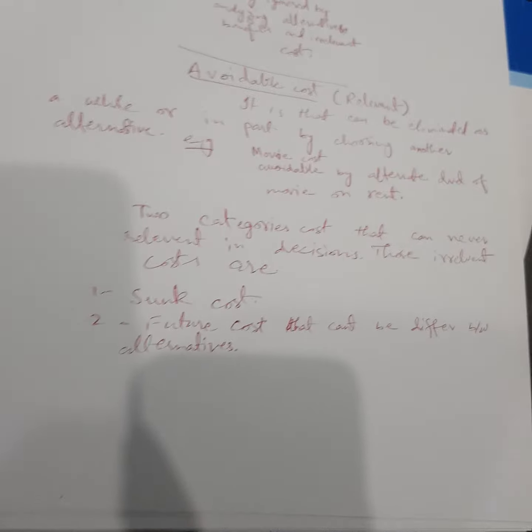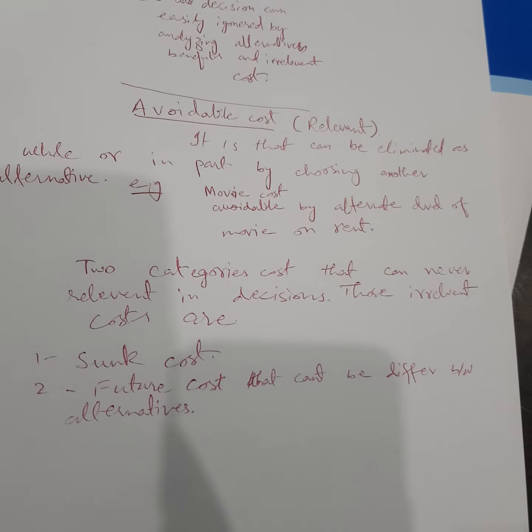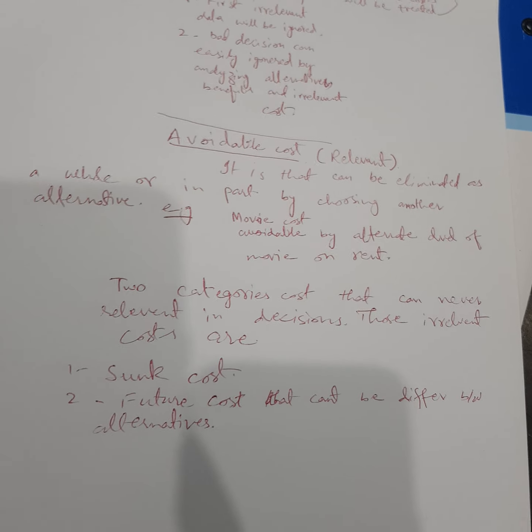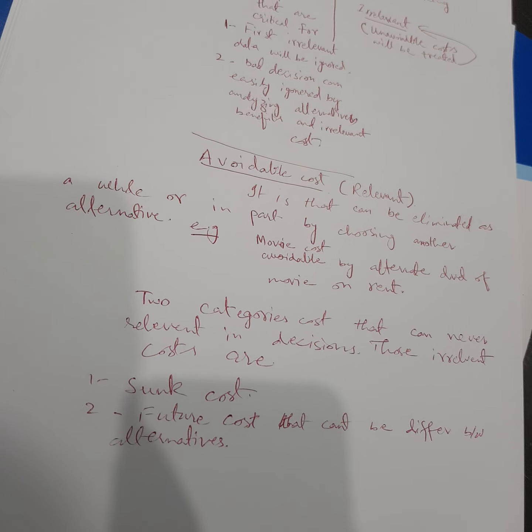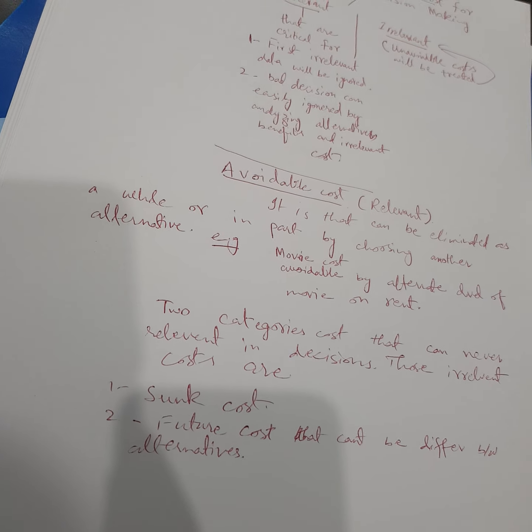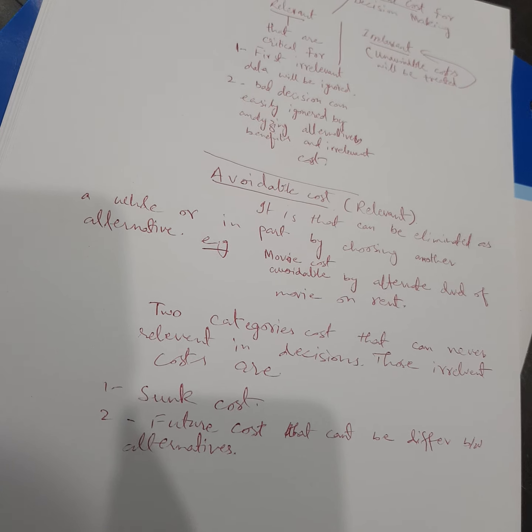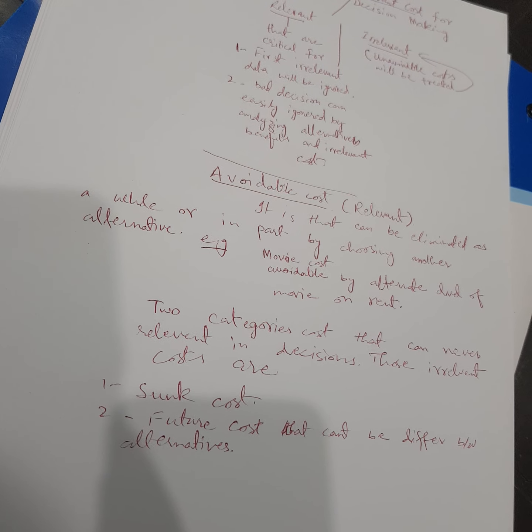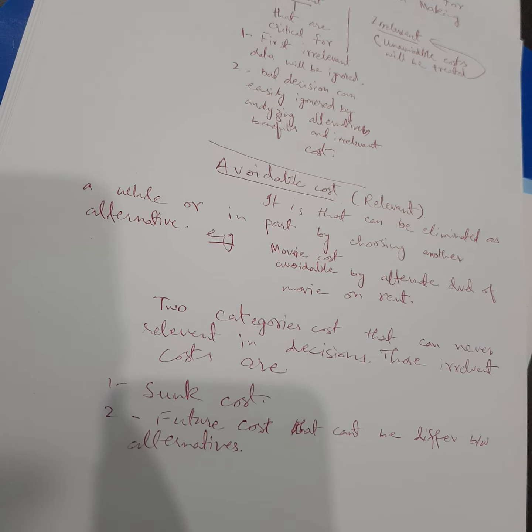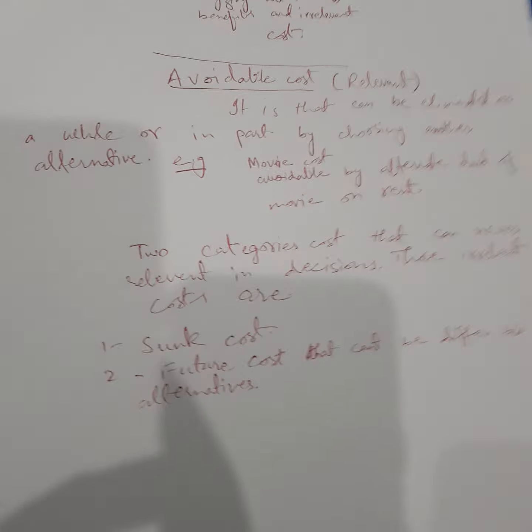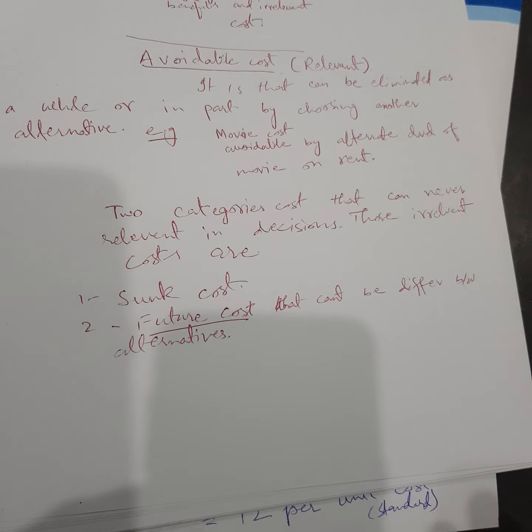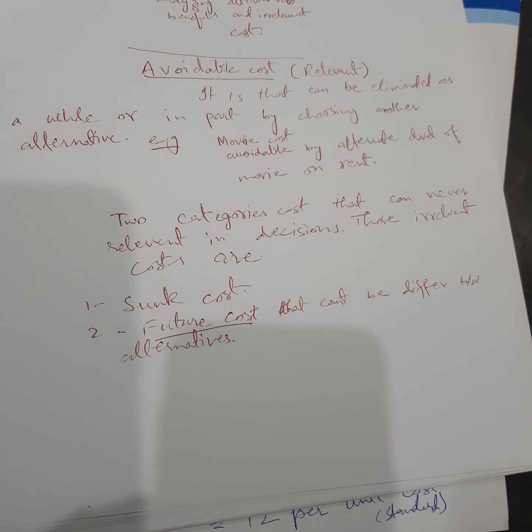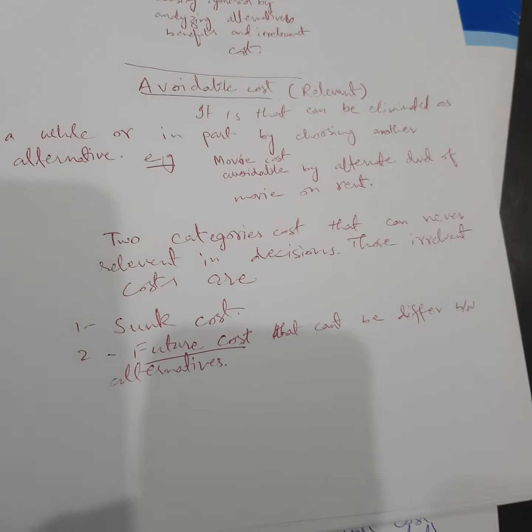Then comes the future cost. If you remember, we pay some expenses in advance, like if we are giving insurance cost in advance, it will become prepaid insurance. If we are giving any type of expenses in advance, it will become our future cost that cannot be replaced or cannot get an alternate because those costs are unavoidable.